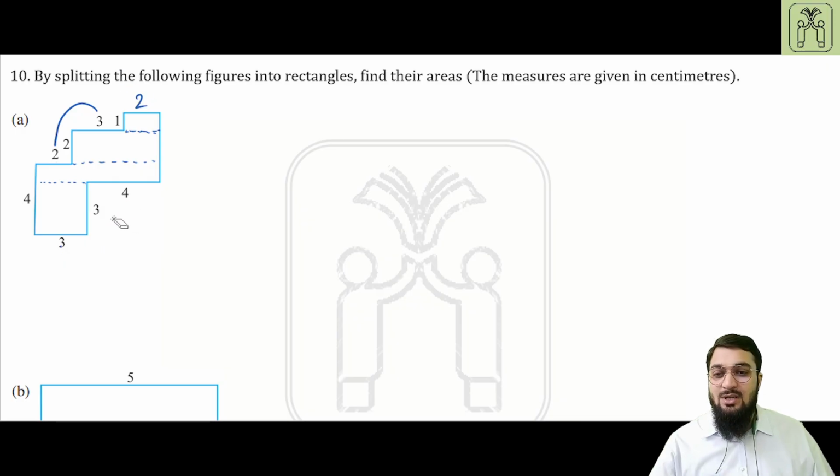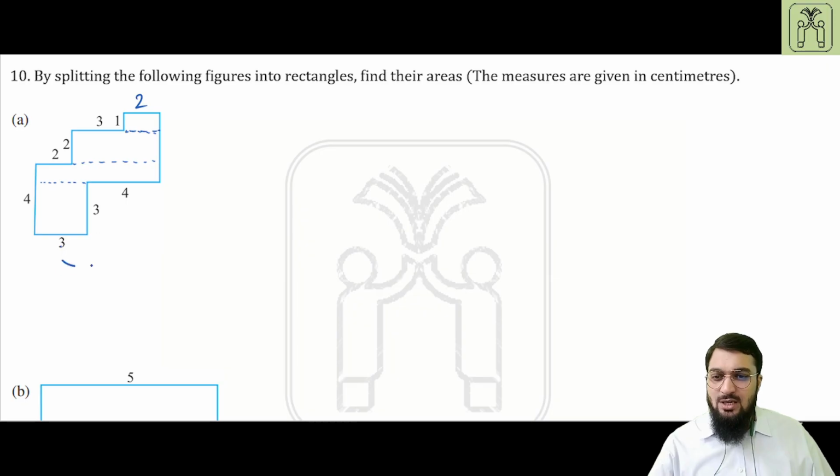Okay, similarly for the other rectangle, that is this one, the total length will be 3 plus 2, that is 5, and this width will be 2, that is already mentioned. Coming to the next rectangle, that will be 2, and this part is not available. So we'll just take this part plus 2 is equal to 3 plus 4.